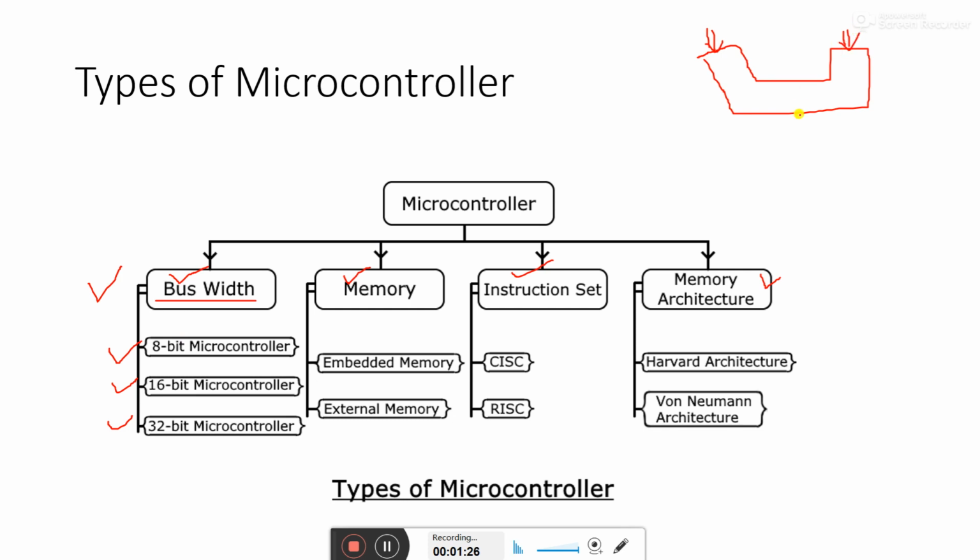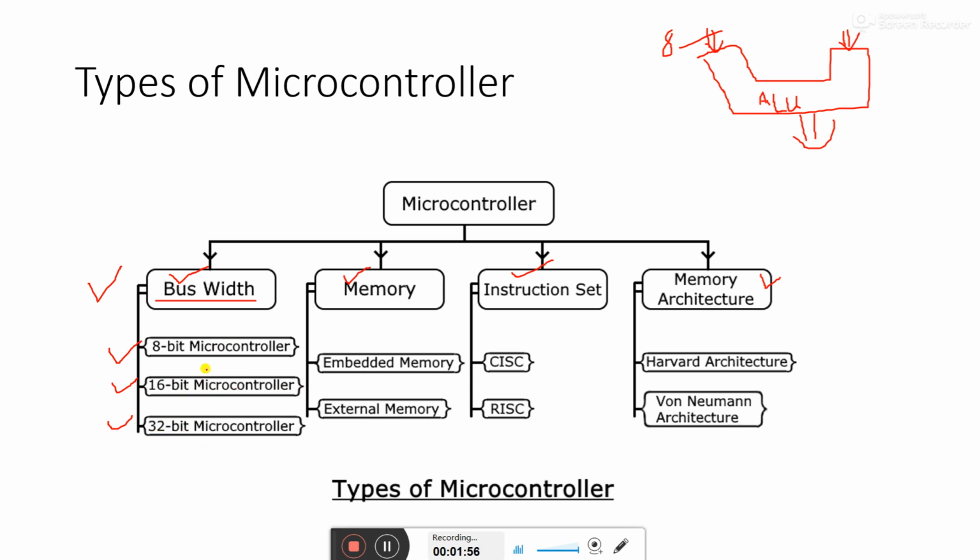So my data can be of 8 bits, right? If it is a 16-bit microcontroller, my ALU can handle 16 bits of data. Similarly for the 32-bit.